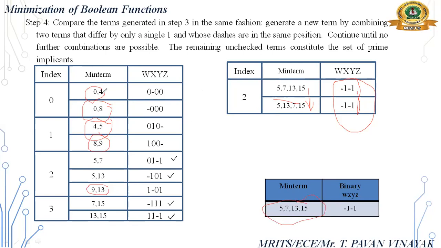How many values do you get? 1, 2, 3, 4, 5, 6. So these 6 are called prime implicants.